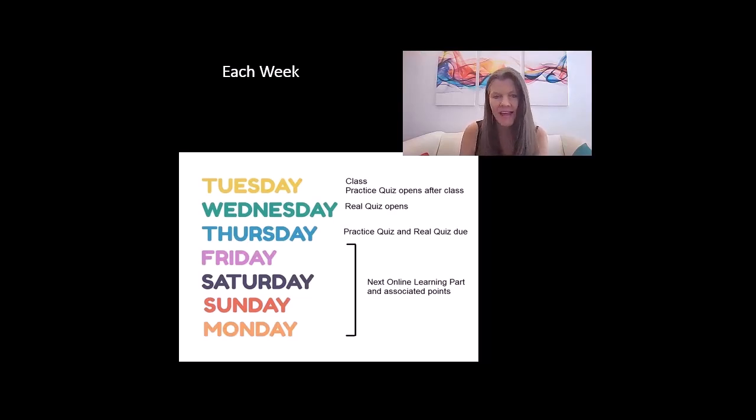As soon as class ends, your weekly practice quiz will open, which will cover that class, the one that day, and your last online learning part, the one that you completed in preparation for that class. On Wednesday morning, your weekly real quiz opens for 2 days. And Thursday night is the deadline for both your practice and real quiz for the week.